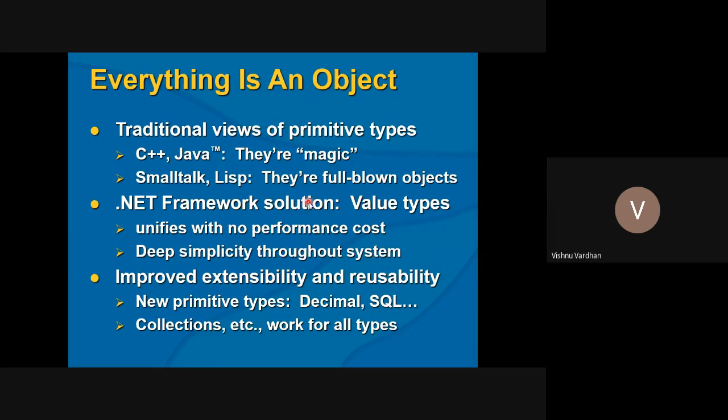And the .NET framework, what they have done is they have taken the best out of every language, and they have created everything from an object. The root object is System.Object. Okay, so from that object we got the value types, we got the reference types, and some extensibility is also provided in the format of decimal, SQL types, and some different kinds of collection types.